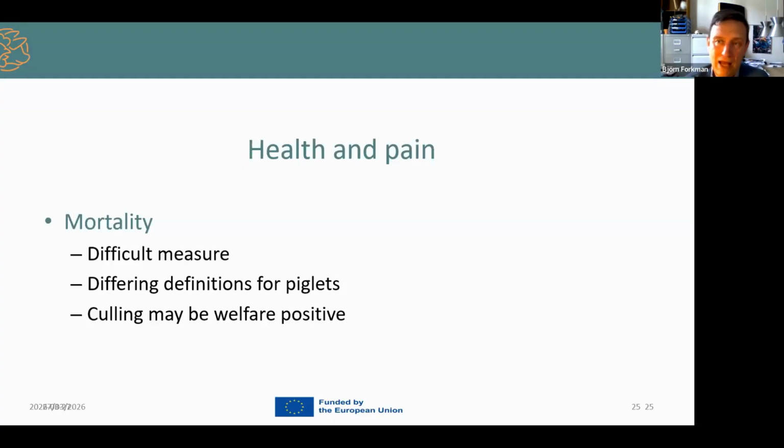Or you can have a low mortality but bad welfare by not culling these animals. So in that sense, mortality should be treated with respect and interpreted with care.